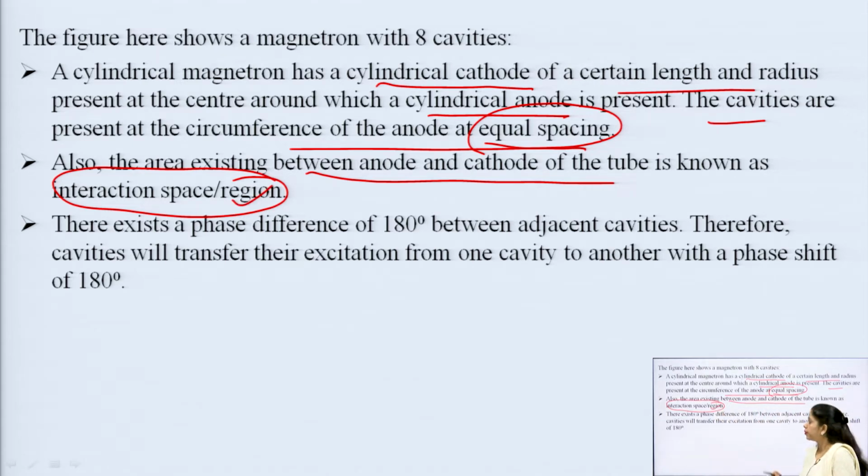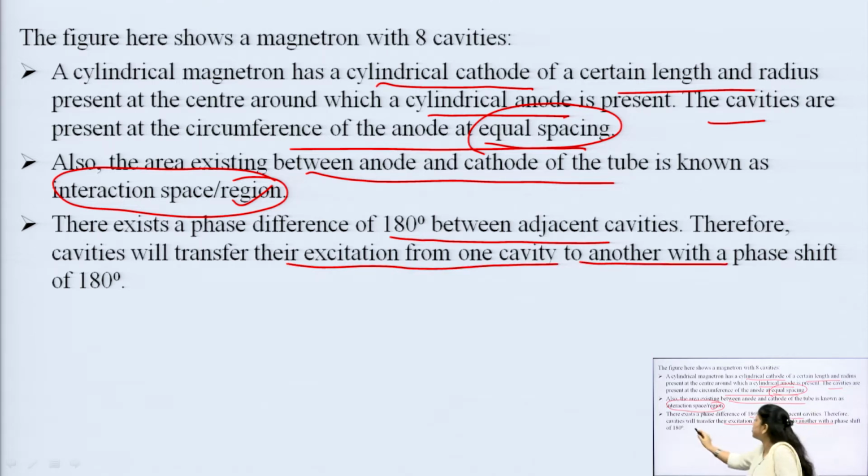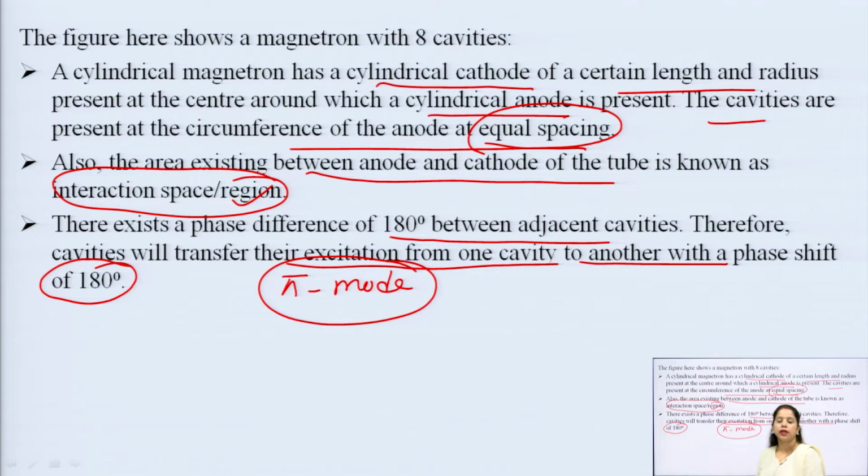Next, there exists a phase difference of 180 degrees between the adjacent cavities. Therefore, a cavity will transfer its excitation to another cavity with a phase shift of 180 degrees. That is why you can say that in the magnetron we have a pi mode. This term also exists in the case of a magnetron, and you always see in our books that in a magnetron there exists a pi mode.